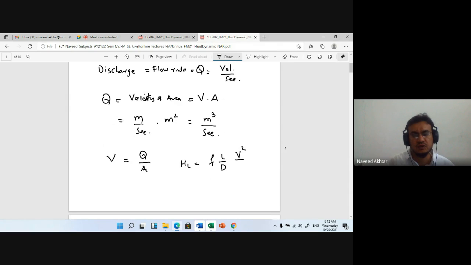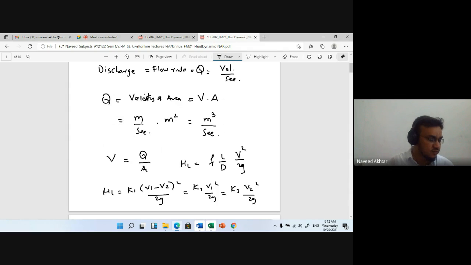V square upon 2g. These are the different formulas that you should know how to calculate. Sometimes HL can be calculated with the hydraulic grade line or energy grade line as K1 into (V1 minus V2) square upon 2g, or K2 V1 square upon 2g, or K3 V2 square upon 2g.